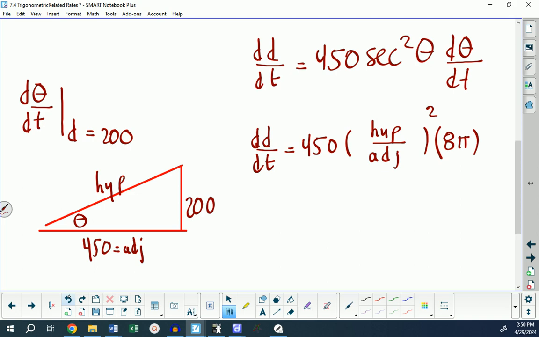Secant is the reciprocal of cos, cos is adjacent over hypotenuse, so I flip it over to get hypotenuse over adjacent. I need to find the hypotenuse. It's going to be the square root of 450 squared plus 200 squared.